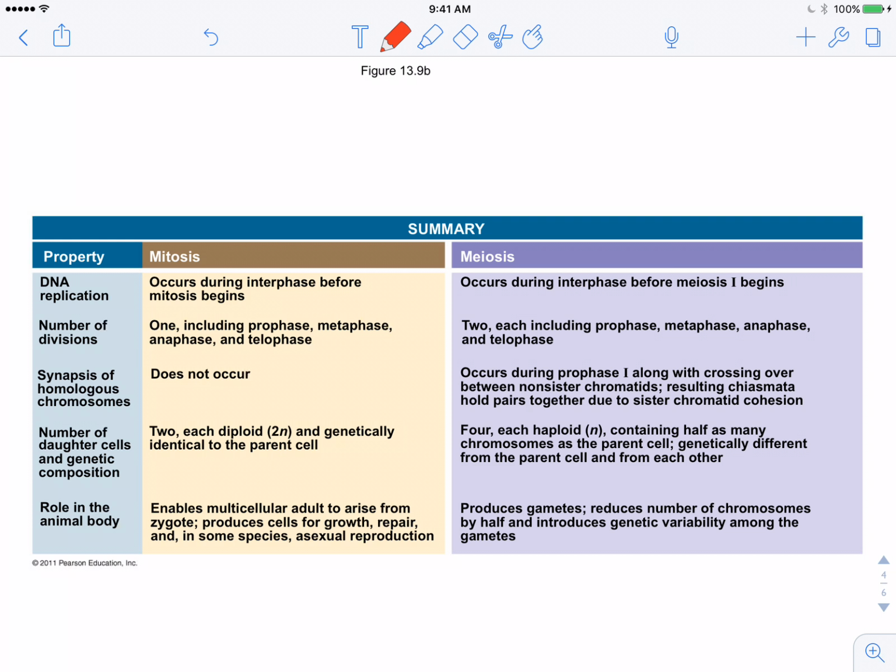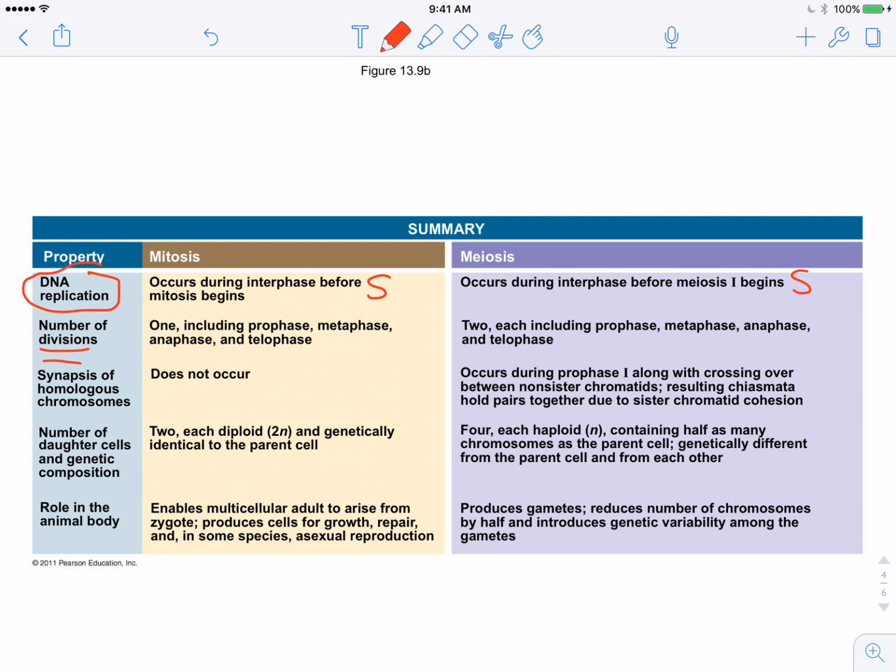If we look at a couple of key events, like DNA replication, in mitosis, this occurs during interphase, during S phase, before mitosis begins. And in meiosis, it occurs during interphase, again S phase, before meiosis 1 begins.